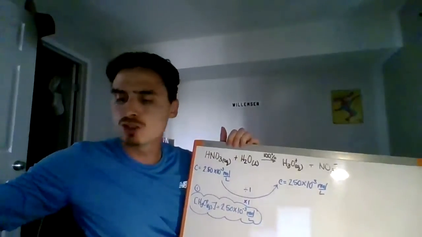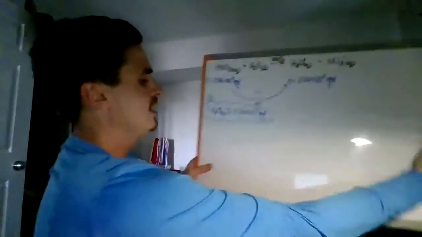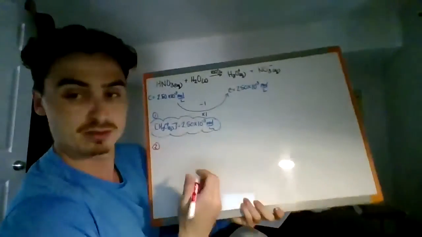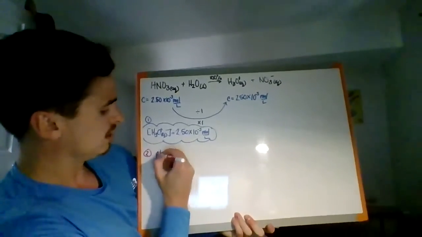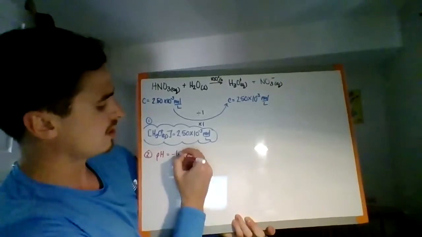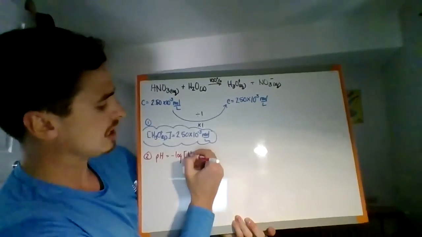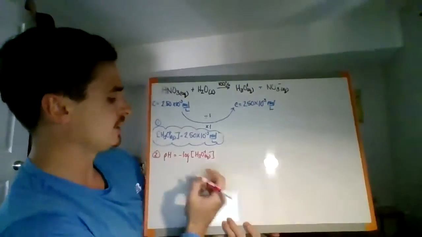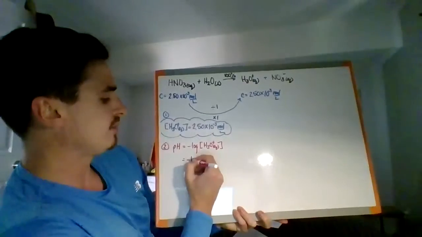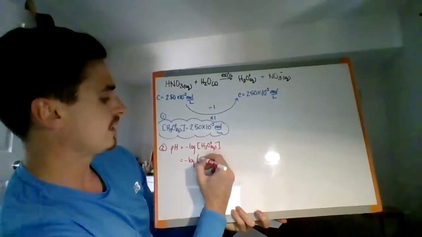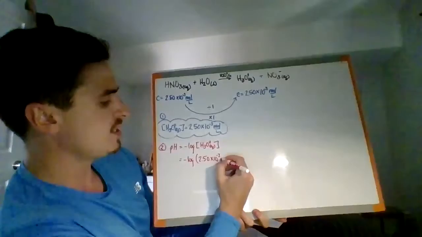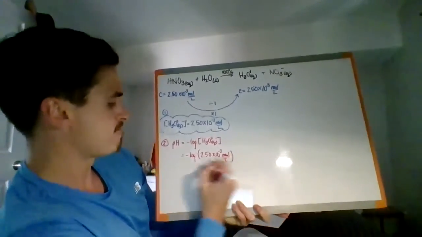We know there's a super easy to use formula, and that formula is pH is equal to negative log concentration of hydronium. All right, you guys remember that from last year. So I'm just going to put in negative log bracket 2.50 times 10 to the negative 3 moles per liter.